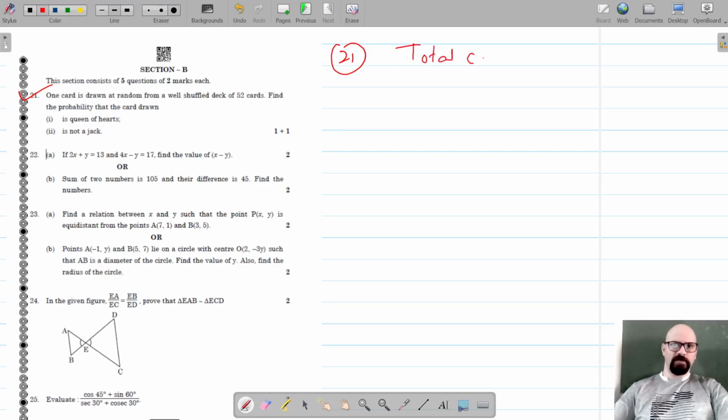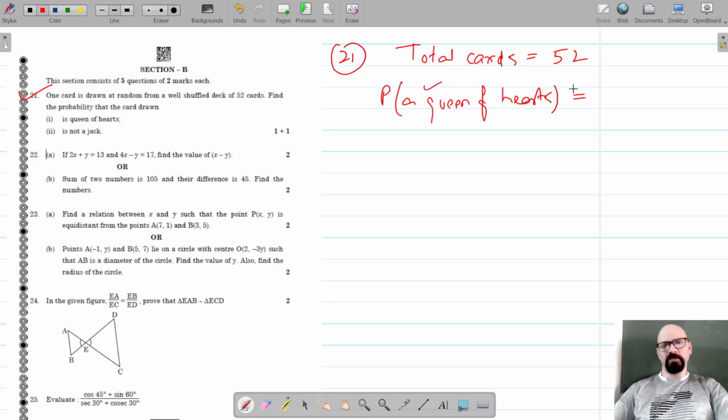So total cards in a deck of cards are 52, and we have to find the probability that it is Queen of Hearts. Now there is only one Queen of Hearts, so this is 1 by 52. And for the second one, we have to find the probability of not a jack.